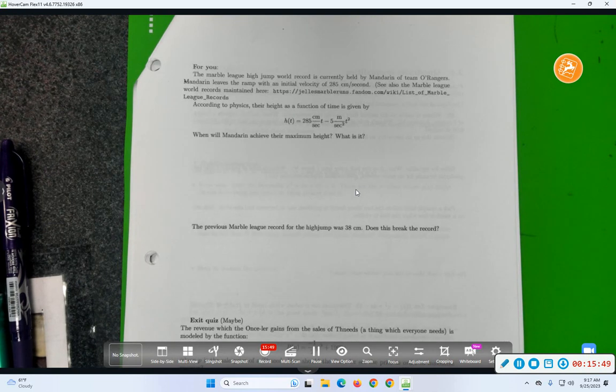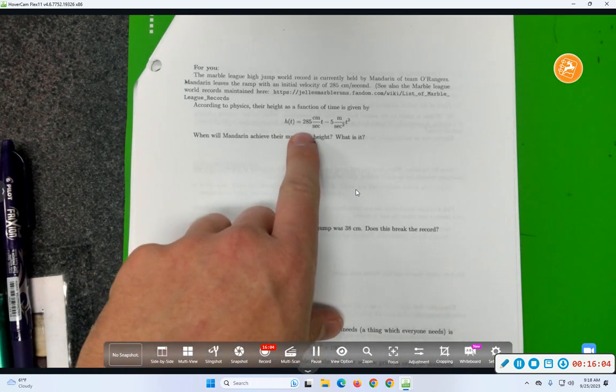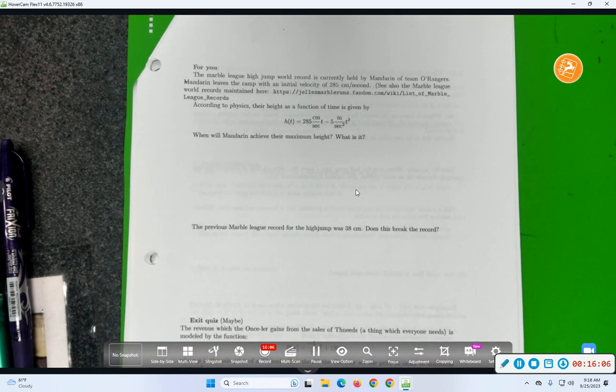The Marble League high jump world record at that point was held by a marble named Mandarin of the team O Rangers. If this marble leaves the ramp with an initial velocity of 285 centimeters per second, then, according to physics, that formula gives their height. When will Mandarin achieve their maximum height, and what is it?